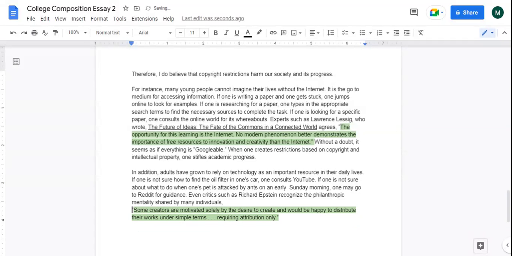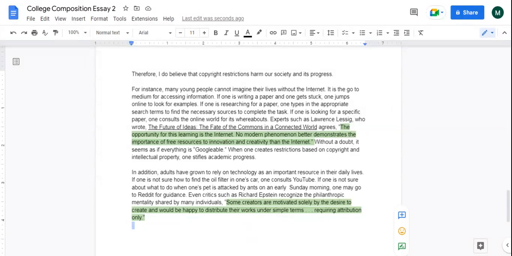Some creators are motivated solely by the desire to create and would be happy to distribute their works under simple terms requiring attribution only. Even critics such as Epstein recognize the philanthropic mindset shared by many.